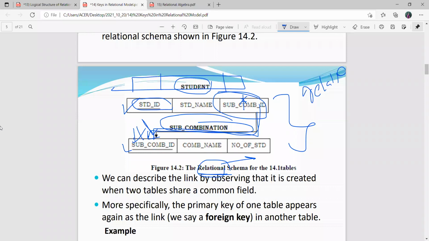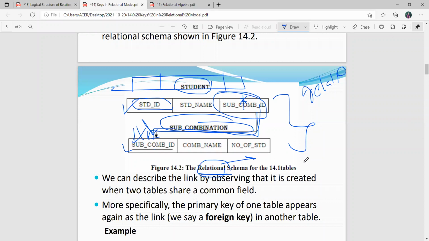The foreign key is an attribute in a relational database that provides the link between two tables. That means a foreign key is a field in one table that refers to a primary key in another table.